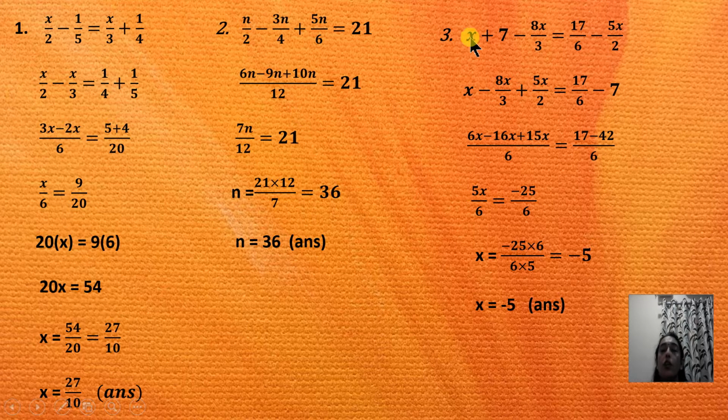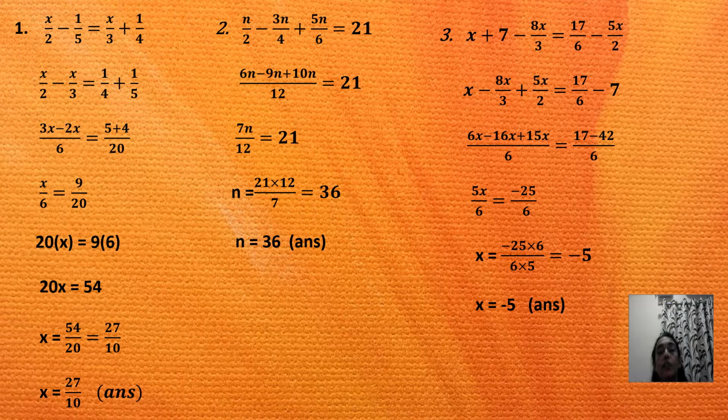Now, the third one: x plus 7 minus 8x upon 3 is equal to 17x minus 5x upon 2. The first thing is we will collect all the like terms on one side and the constant terms on the other side.